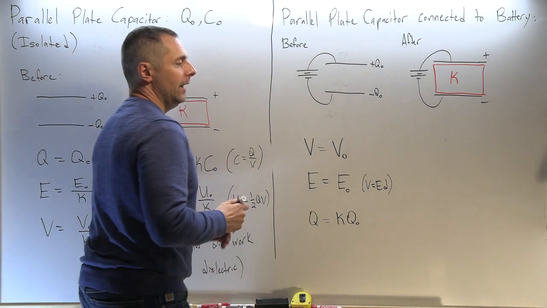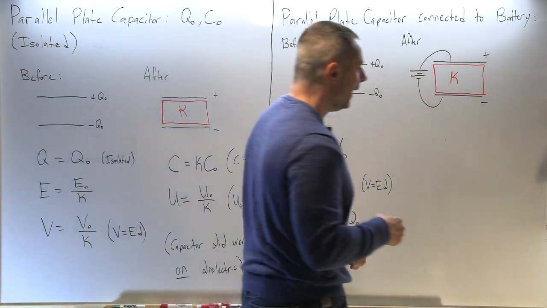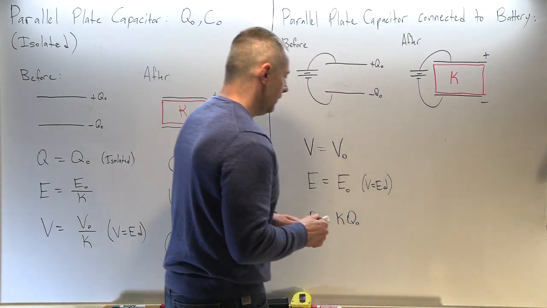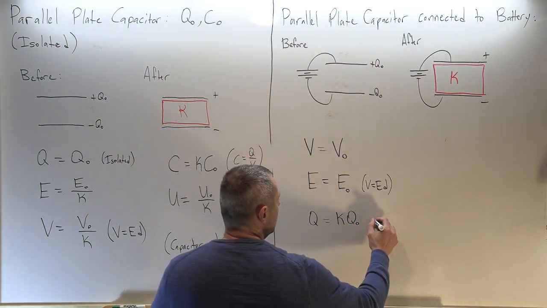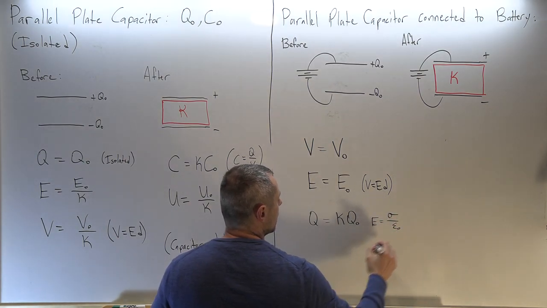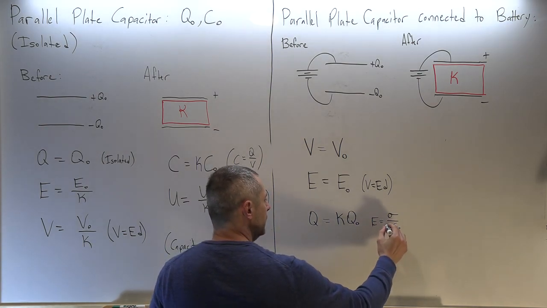Okay. Now, how can I reason that out? Well, remember that E equals sigma over epsilon 0 for a capacitor with a vacuum in between.